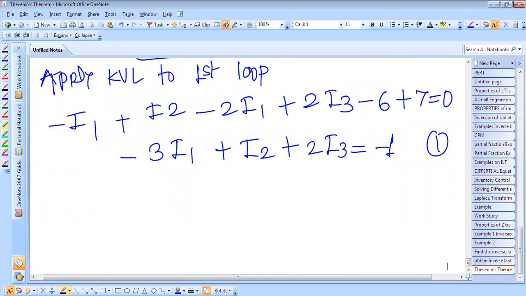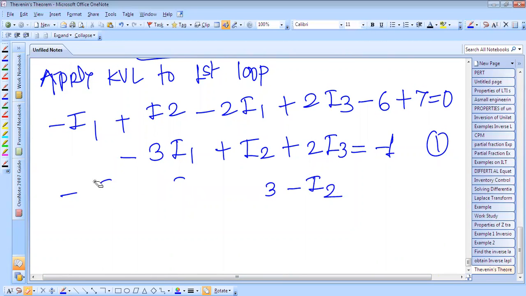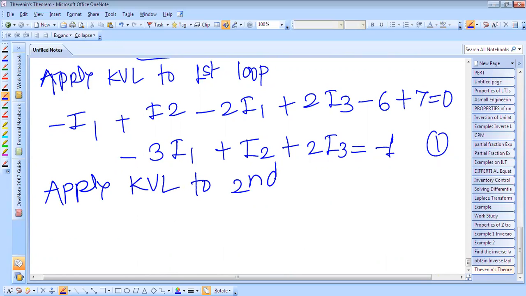So minus 2 I1 minus 3 I1 plus 3 I3 minus I2. This is not I1, this is I2 actually. Current in this second loop. Okay, so we'll just do one thing. Apply KVL to second loop.